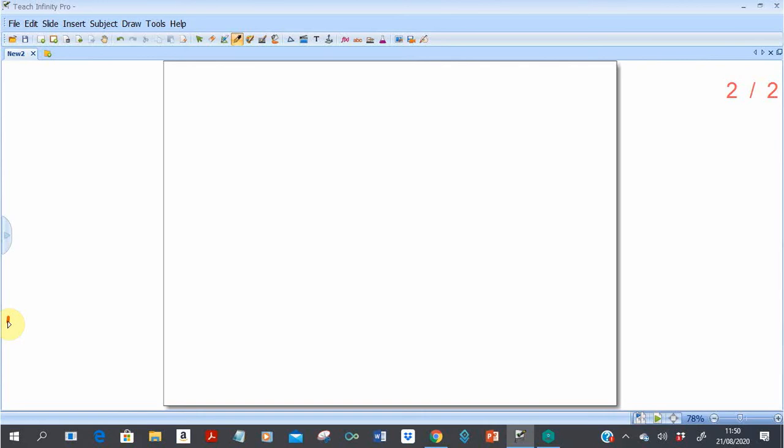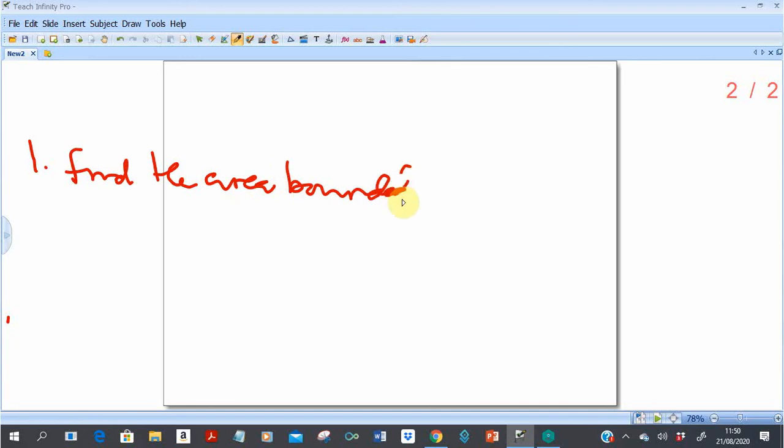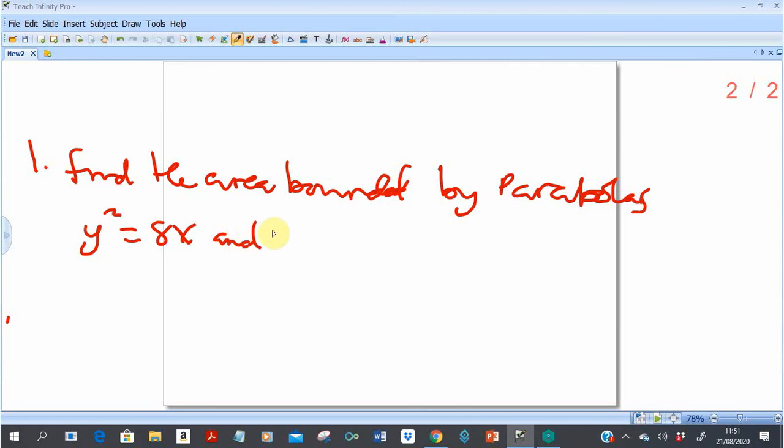The example that we have is: find the area bounded by the parabolas y squared is equal to 8x and x squared is equal to 8y.